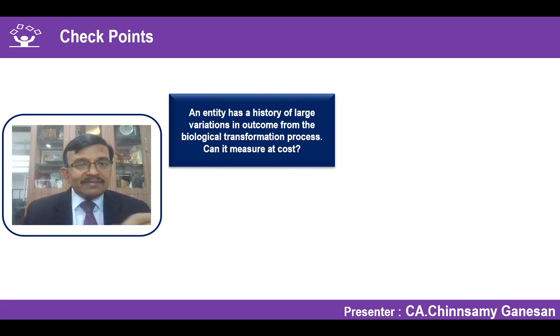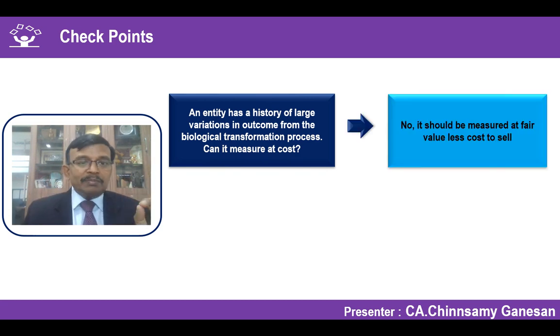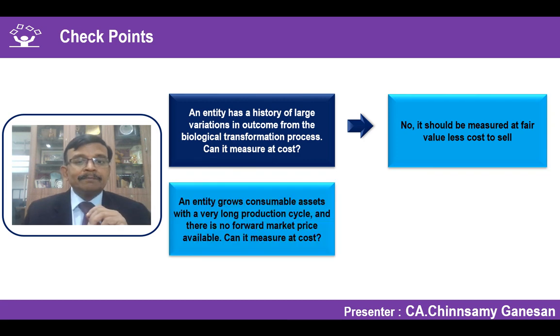So let us understand this with the fair value hierarchy. Suppose there is a history of large variations in the outcome: all of a sudden fair value goes up, all of a sudden it comes down because of the biological transformation, and accordingly management says fair value measurement is impracticable. Can I use the cost model? No, it should be measured at fair value less cost to sell only, according to this standard.